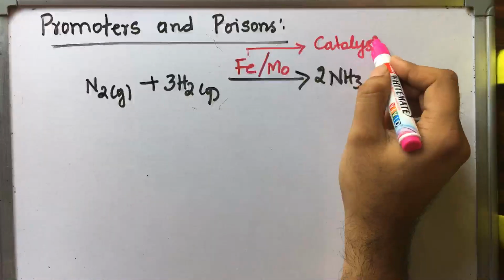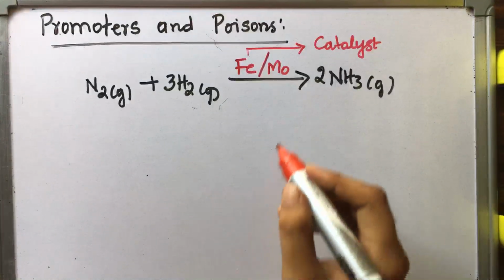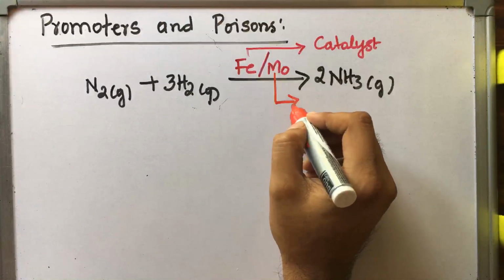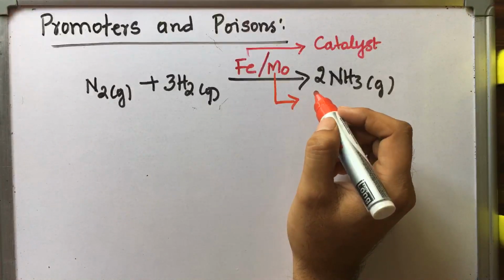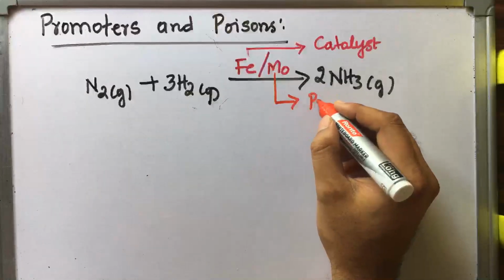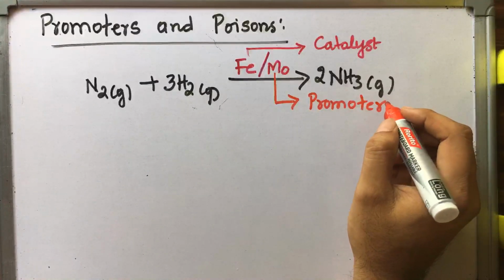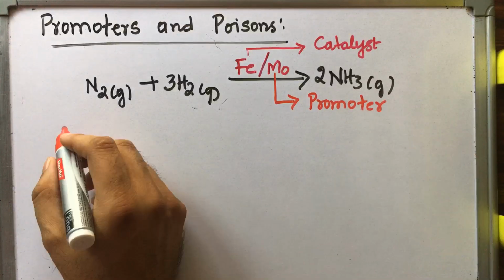Nowadays, the iron catalyst is being replaced by iron oxides, a non-stoichiometric oxide, and molybdenum was used in the earlier days just to increase the activity, the efficiency of the catalyst. We call this a promoter. Now tell me, students, what are promoters?